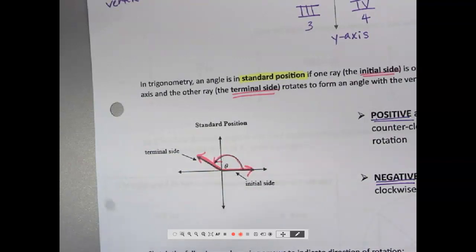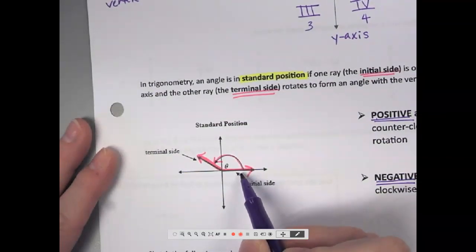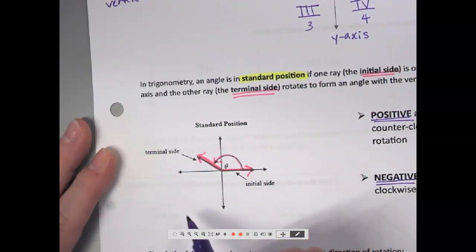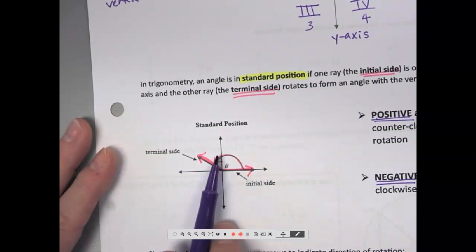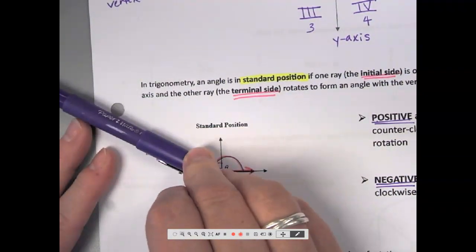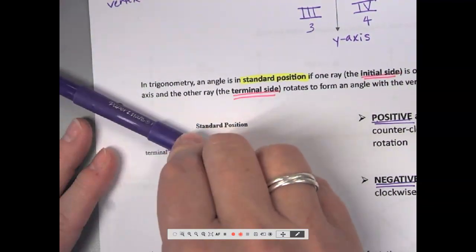So the negative tells me which way to rotate. If I rotate clockwise, just like the hands on the clock, then that's considered a negative angle. So the way this arrow was drawn here, that would be a positive angle rotation, somewhere between 90 and 180.